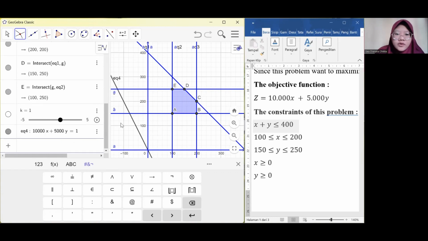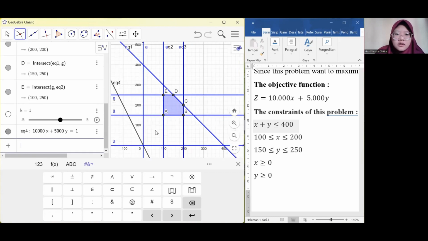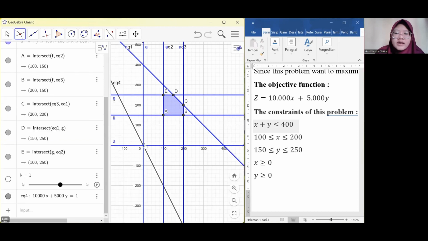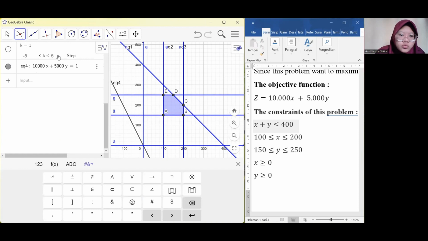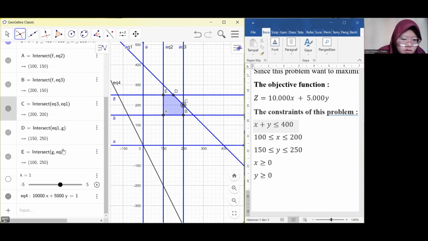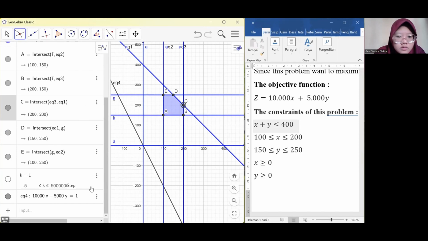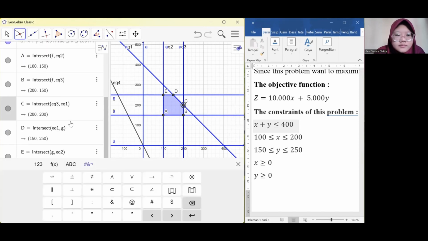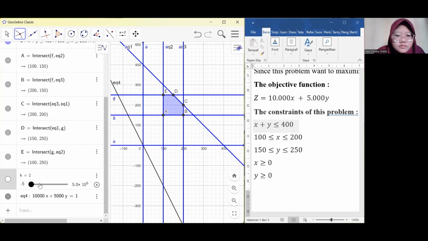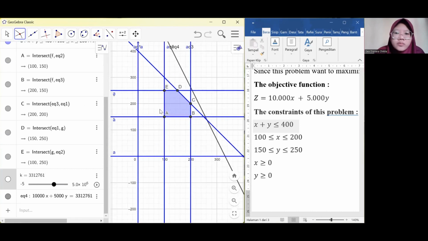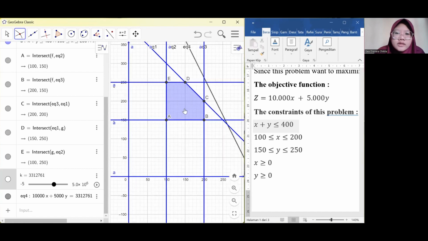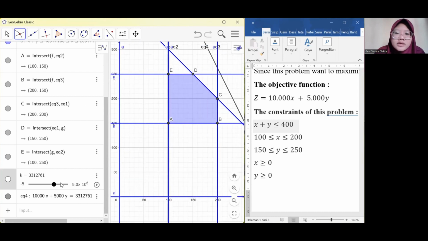Okay, so here we have the objective function line. Here we can change the interval of the slider to 5. So it can move. Then we can check which vertex has the optimum value. We zoom in to see it clearly.